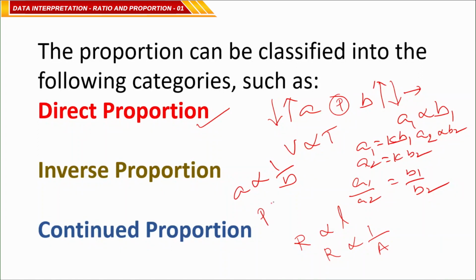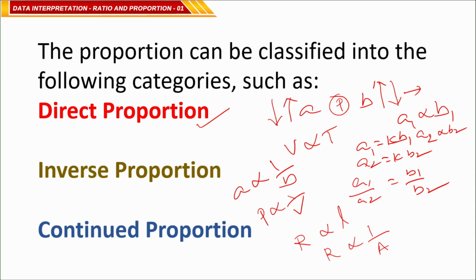So one quantity increases, the other decreases. Already I said P is proportional to 1 by V. At constant temperature, when the pressure increases, the volume decreases. This is called Boyle's law. Clear? So you can say about inverse proportion.